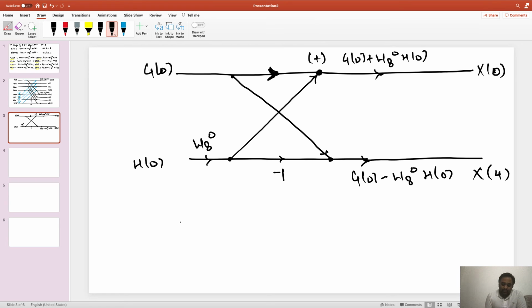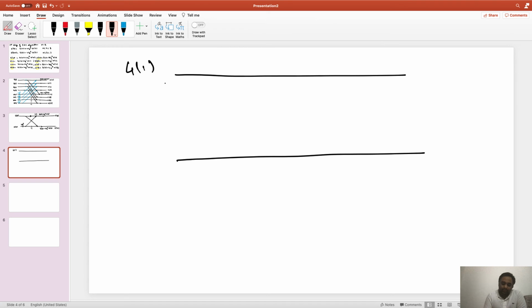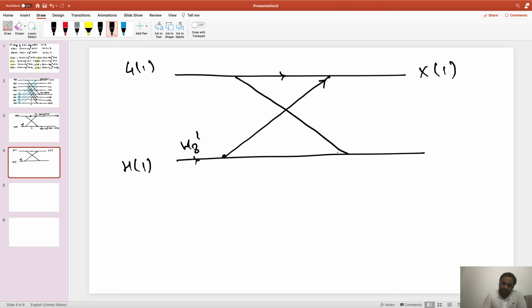Similarly, you will have G1 here, you will have H1 here, you have W8^1 here, and this goes up here, and you get capital X1, and this comes down like this, you have a -1, and you get capital X5. So this gives you X1 and X5.